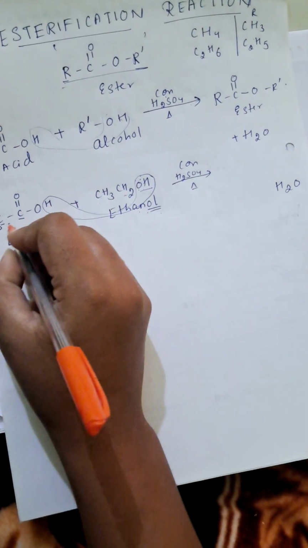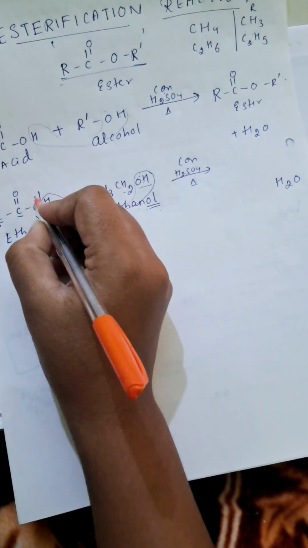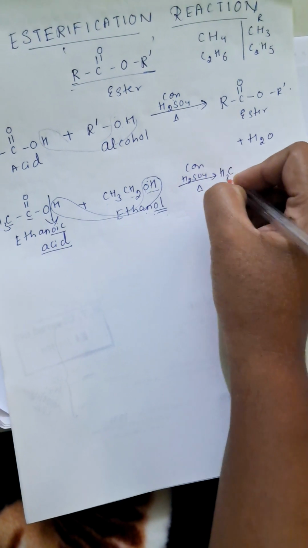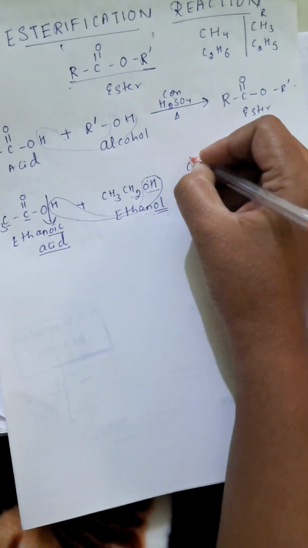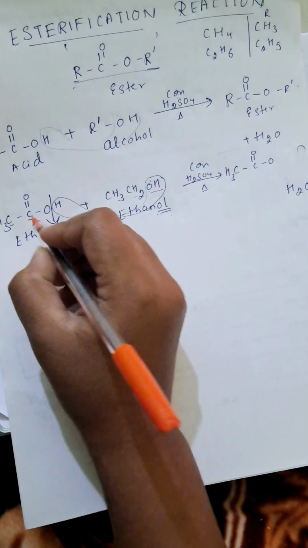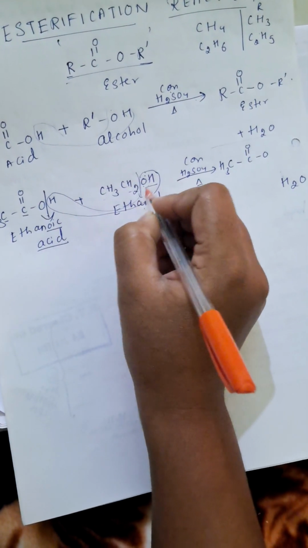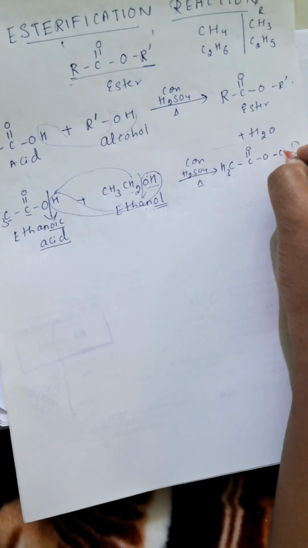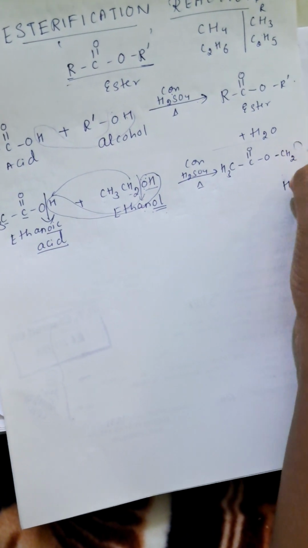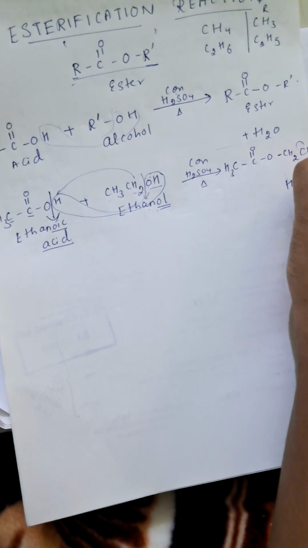What remains is CH3, C double bond O, and this compound will come and attack here, that is CH2, CH2, CH3.